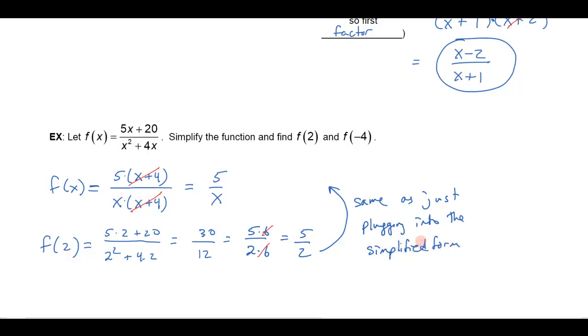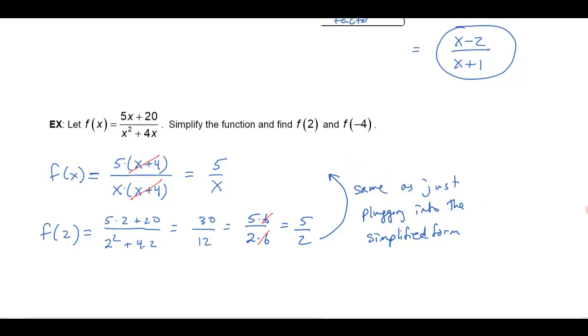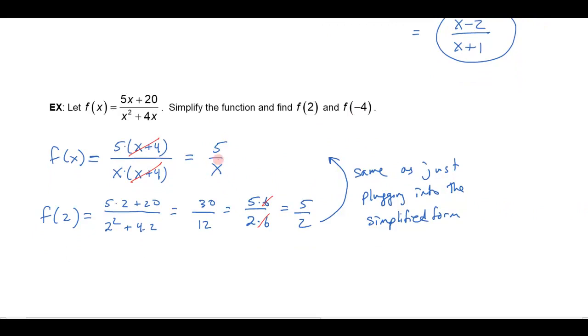All right, now there's something though. Notice that if I were to just plug negative 4 into the simplified form, I'd get negative 5/4. So f of negative 4, I'm thinking, well, if I just plug it in here, I get negative 5/4.